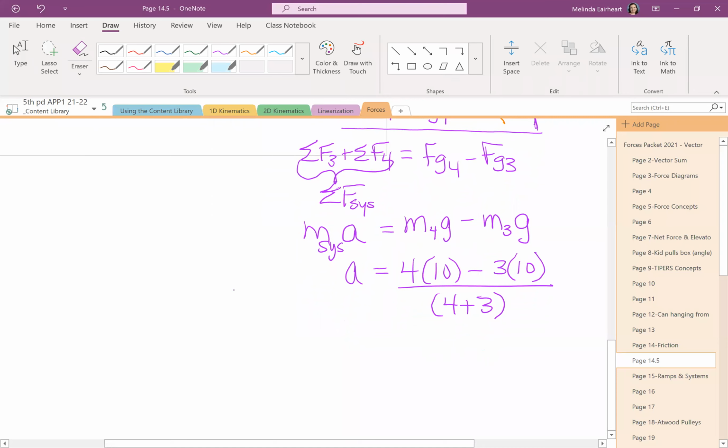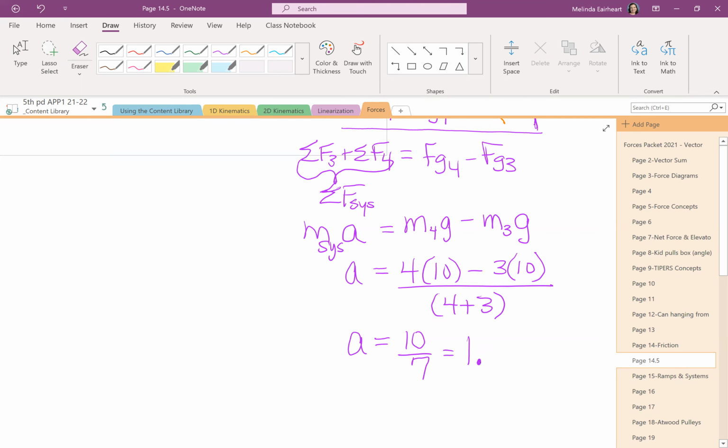And so we get 40 minus 30, which is 10 divided by 7. So 1 and 3/7, someone work it out. It's 1 point. What would we get? A little less than 0.5, 1.4 what?